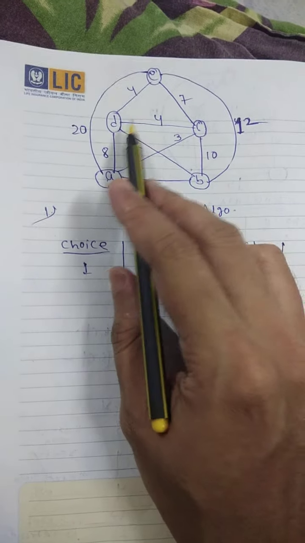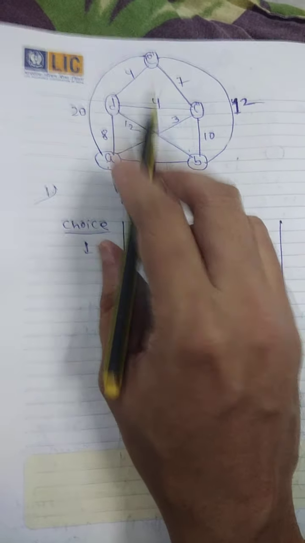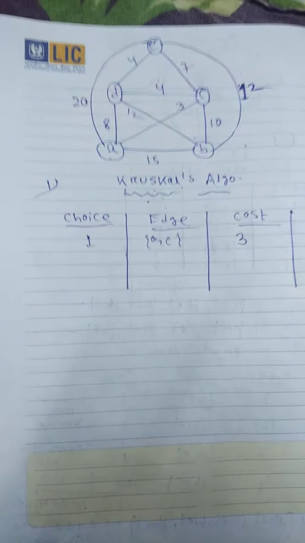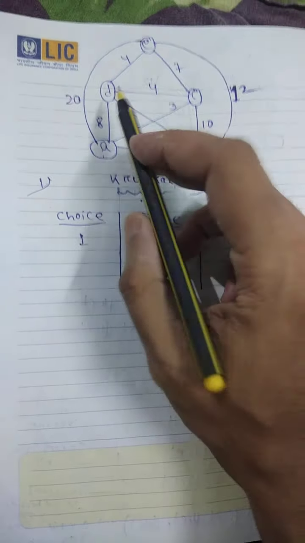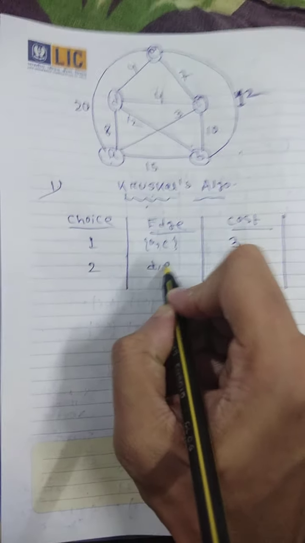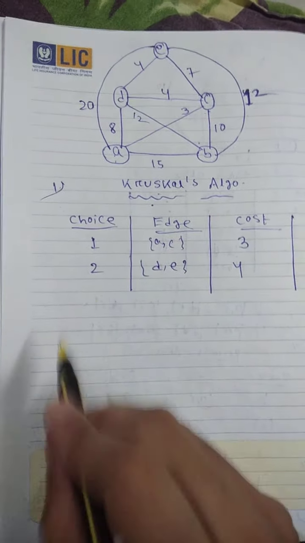Next see the minimum 4: DC and DE. For these, DC and DE, you can choose either one, no problem. Suppose I am choosing DE first, and the second I am choosing DC.